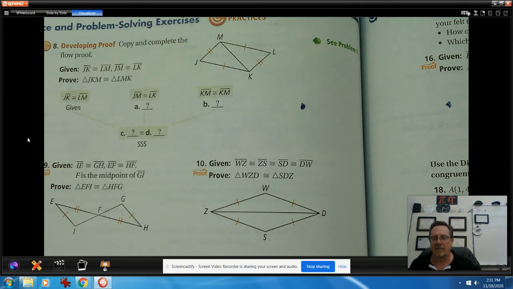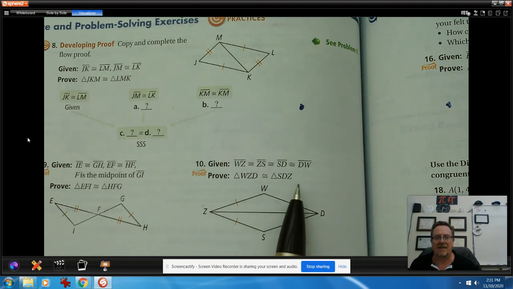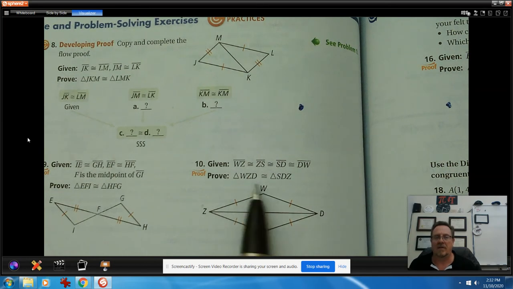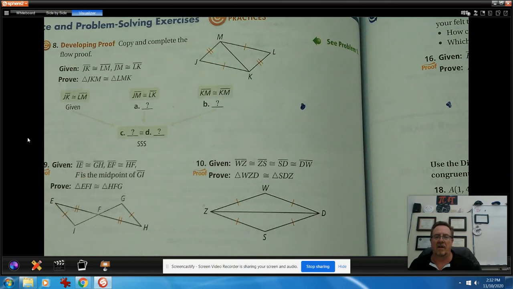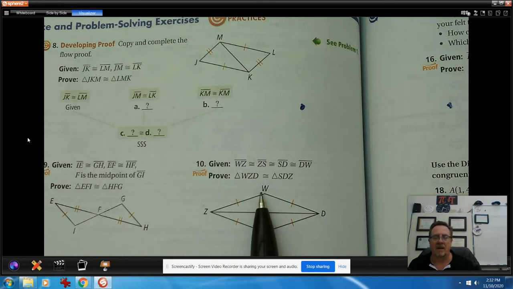Now be careful, because they want you to use WZD congruent to SDZ, side WZ has to match up with which side? Hopefully you said SD. So in your proof, as you're walking through this and showing those things, make sure that you're showing side WZ here, right? Congruent to side SD.